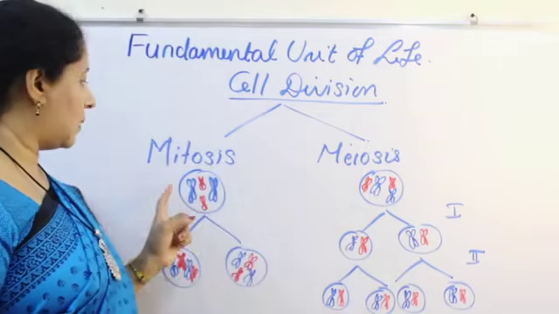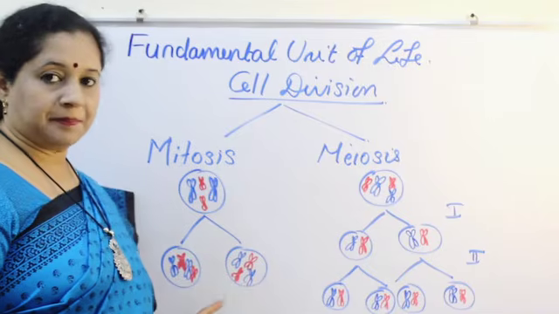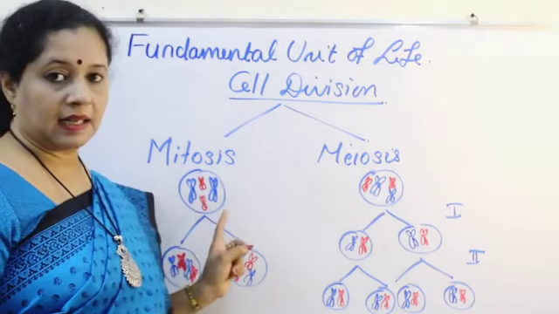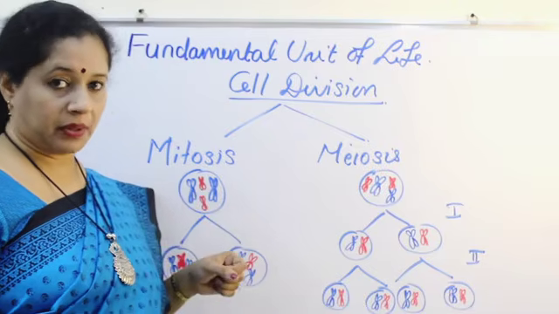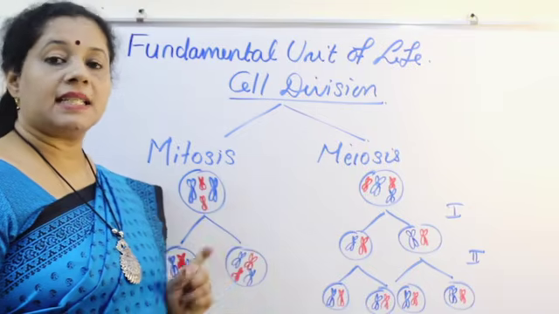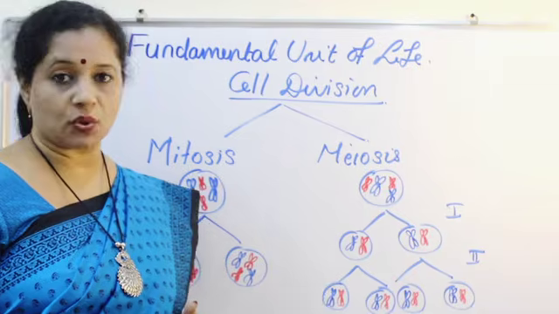In the first case, what happens is, suppose this is a cell, it divides. I have drawn 4 chromosomes in this cell. But remember, it is within the nucleus of the cell. I have not drawn the entire cell here. So whenever a cell is dividing, first the nucleus divides and then cytoplasm also will divide.